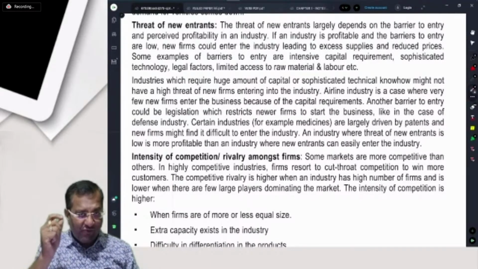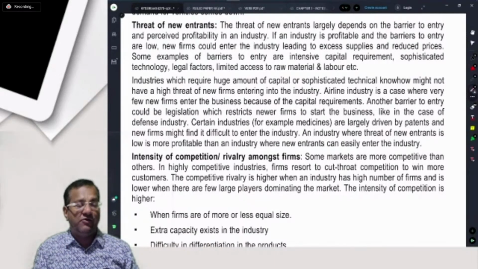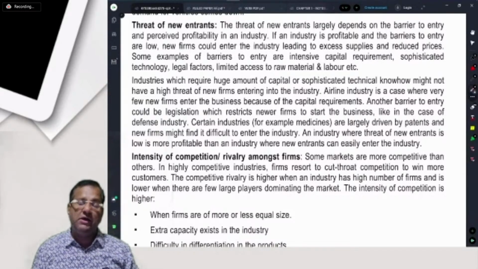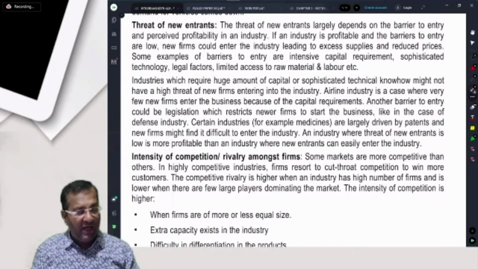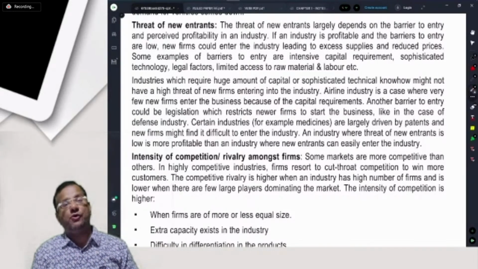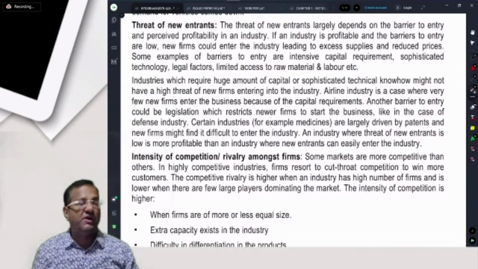So the tougher the entry in that particular industry, the better for the existing companies, because the higher the restriction on entry into that industry, definitely the competition will be less. If the competition is less, definitely the existing companies can sell products there at a reasonable profit margin.